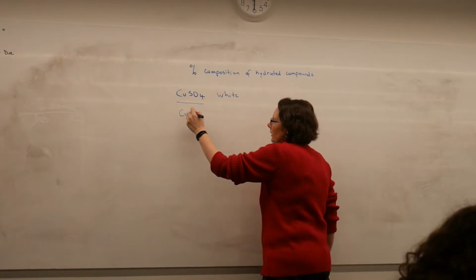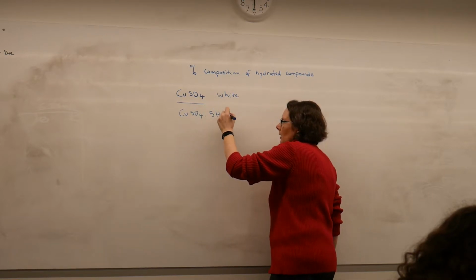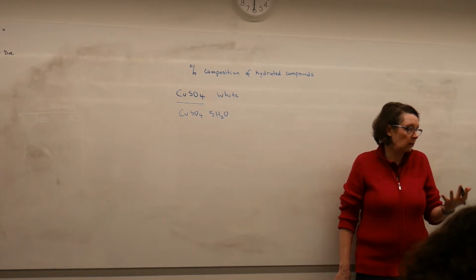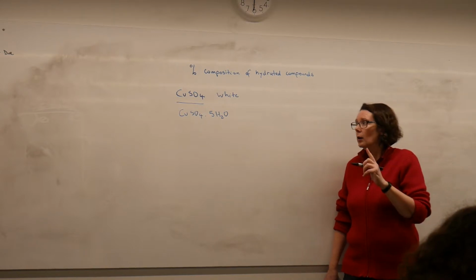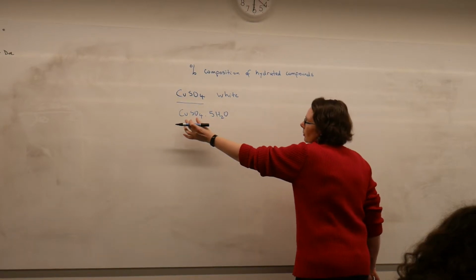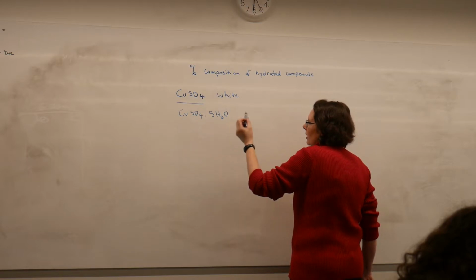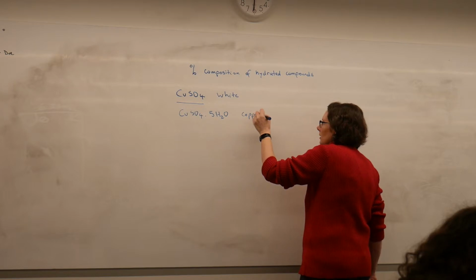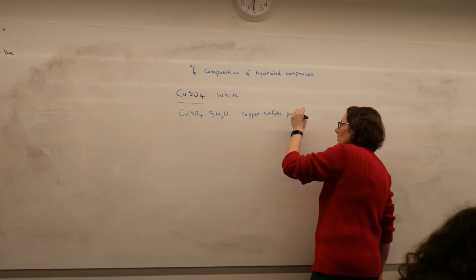But copper sulfate is normally found in this hydrated form, which is called copper sulfate pentahydrate. Because I've got 5 waters for every copper, the ratio is 1 copper to 5 waters. So this is actually copper sulfate pentahydrate.